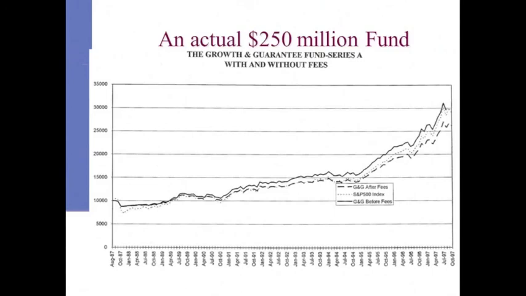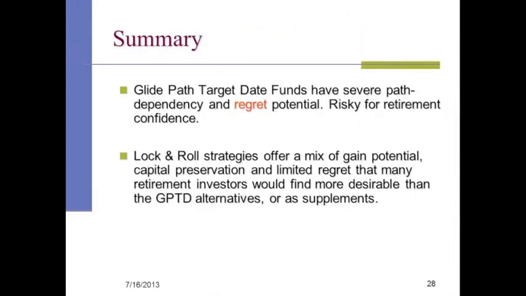So with that, I think what we have done can be summarized that glidepaths may in fact be better than what someone would do for themselves, but they do have severe path dependency and regret potential, and leave a lot of uncertainty for retirement.